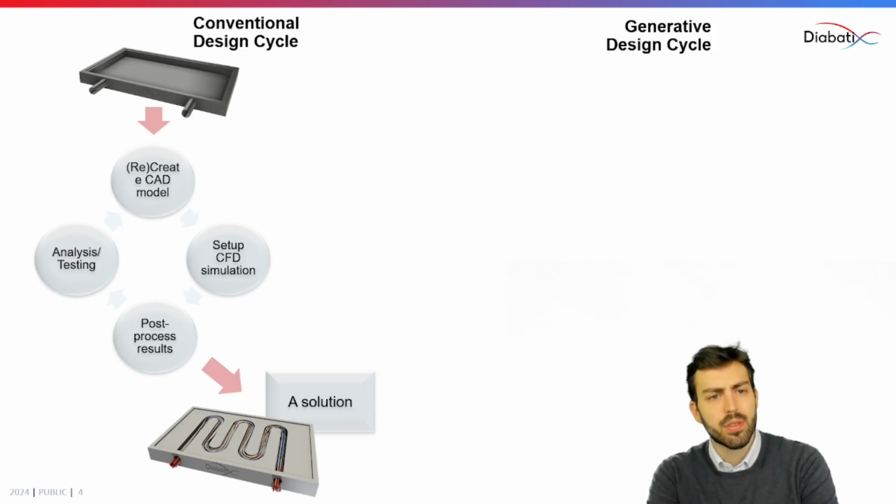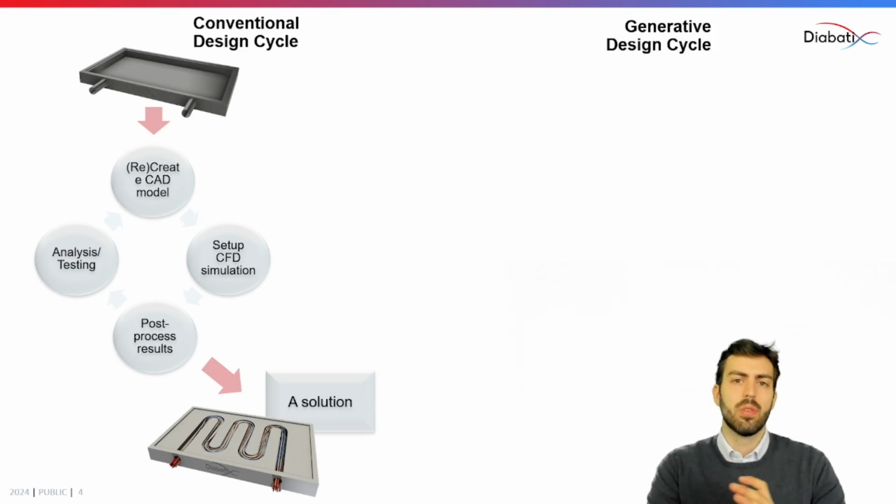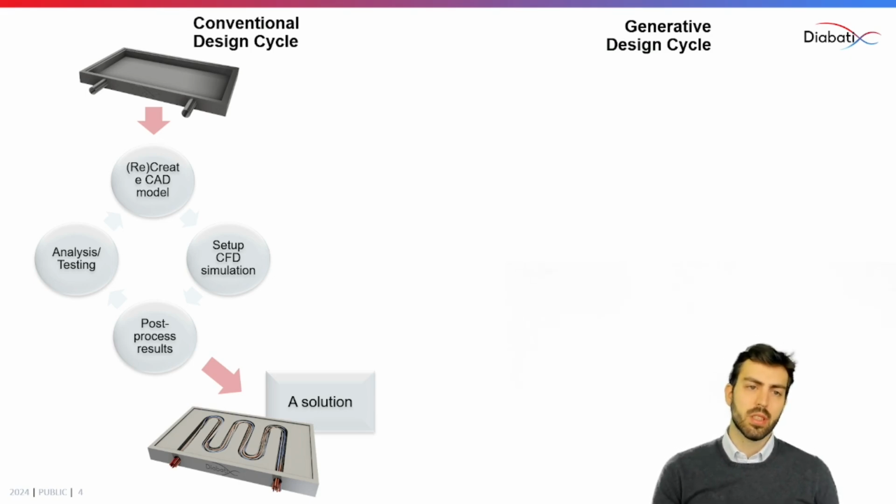To give you a quick overview of a normal conventional design cycle, you often start from scratch, a blank space. Then you design an initial CAD geometry, for example, pins, fins, something along those lines. Then you start to simulate in your CFD work. It takes a few hours, days to get it simulated.